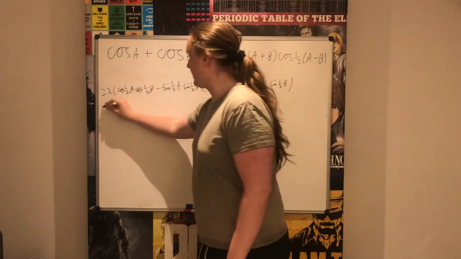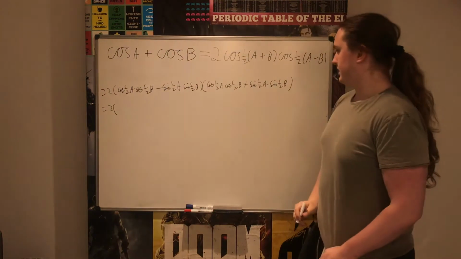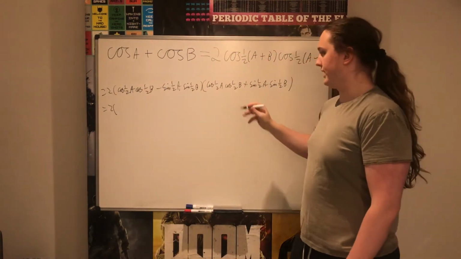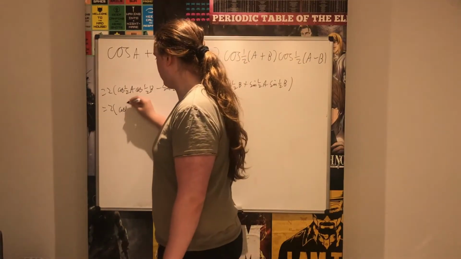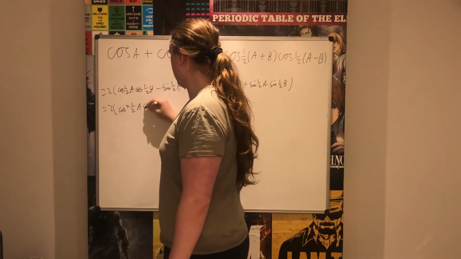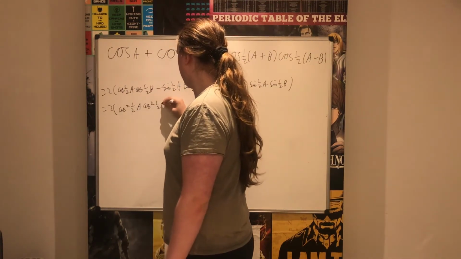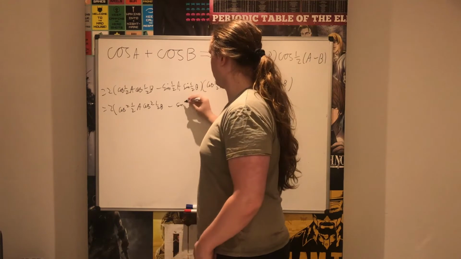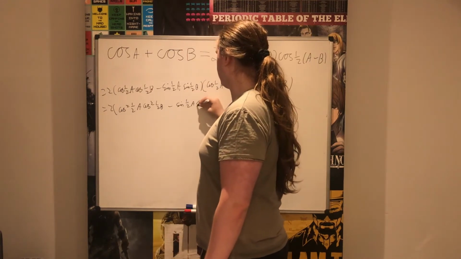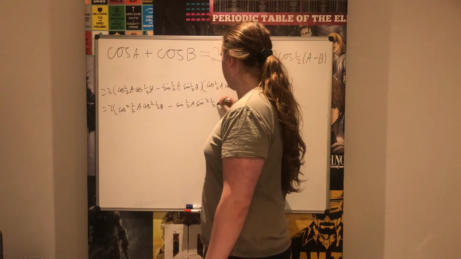Now we can see that this is just the difference of two squares, and so we're going to get cos squared a half a cos squared a half b minus sine squared a half a sine squared a half b.